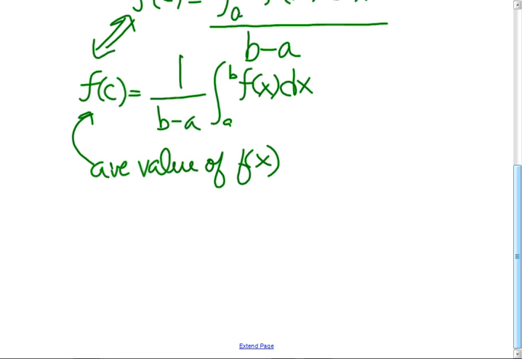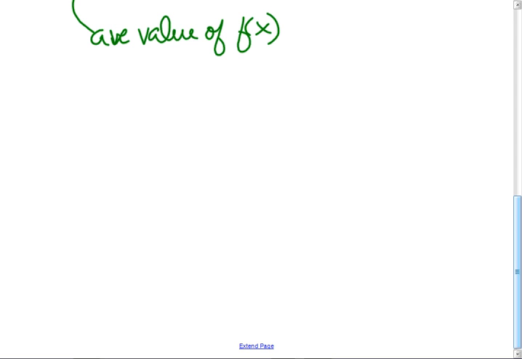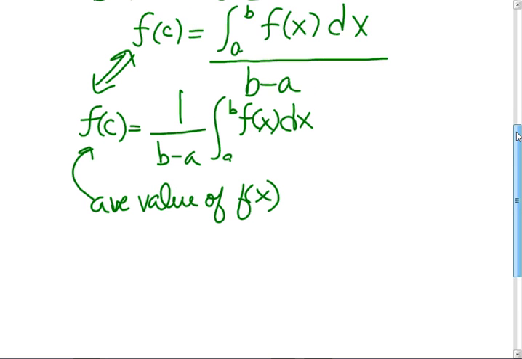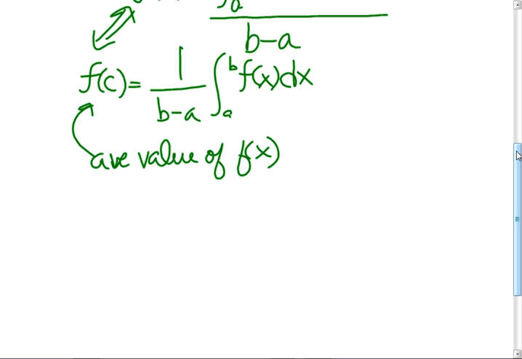Well, what do you mean by the average value of a function? And while we're here, what is an average rate of change? Because guess what? They sound the same to me. And I've been doing this for 20 years, and they still sound the same to me. What is an average rate of change? You should always know rate of change is a what? Well, it's true.